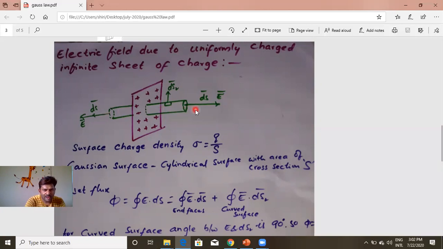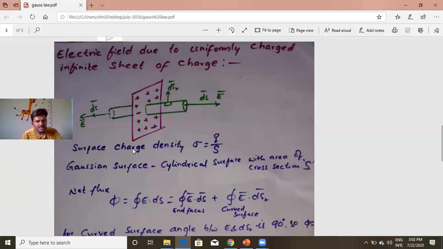Here, as it is a surface, we are considering surface charge density. Surface charge density sigma is equal to Q by S. What is the Gaussian surface?